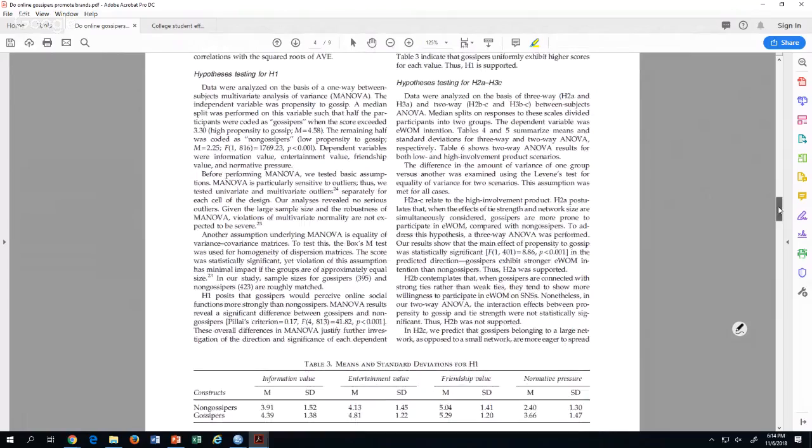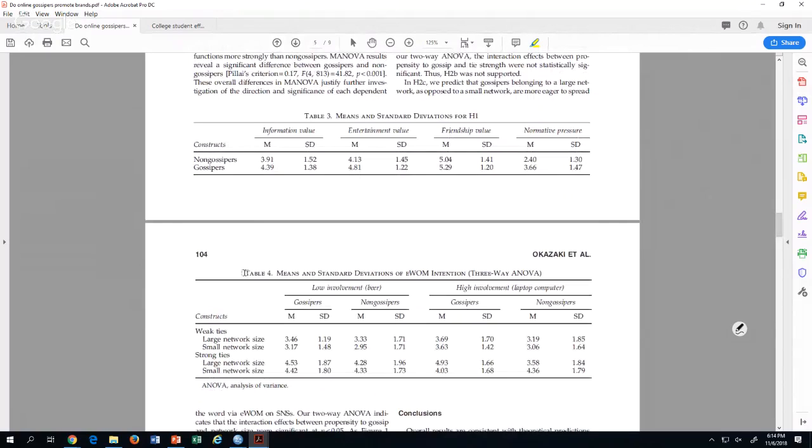Which one is it? Let's see. Table 4 gives the tie level and the network size level, and then the gossiper, non-gossiper. And then how did they differentiate this low and high involvement? Did you get to that one?